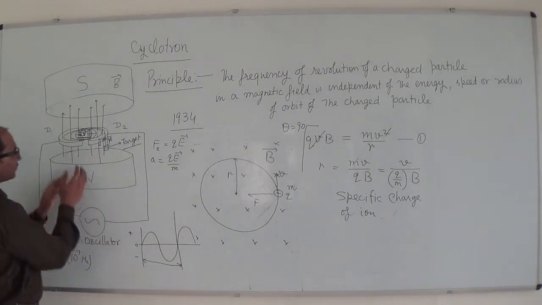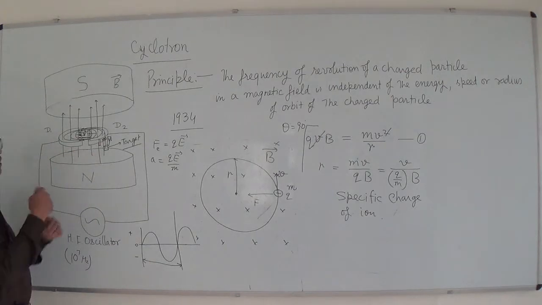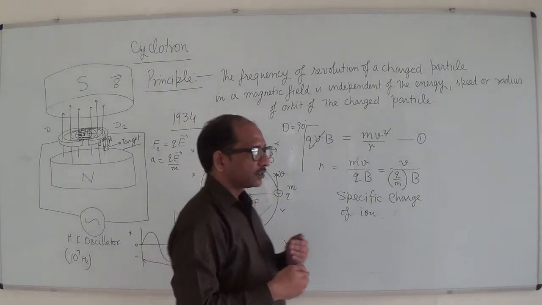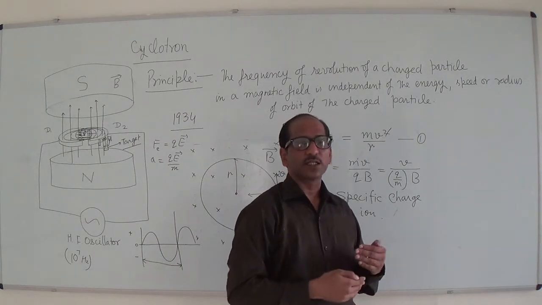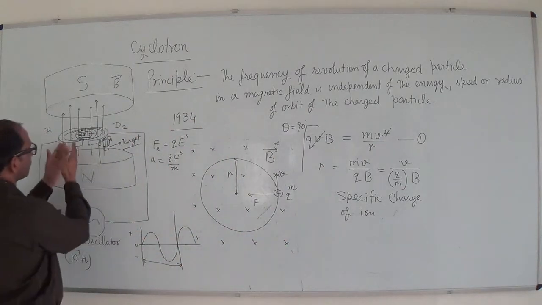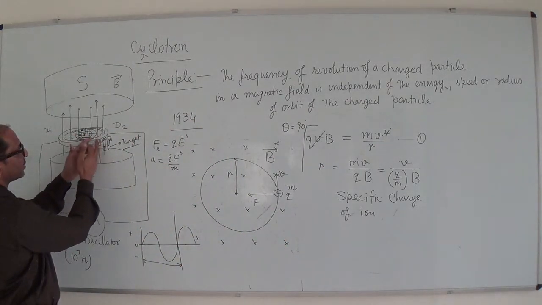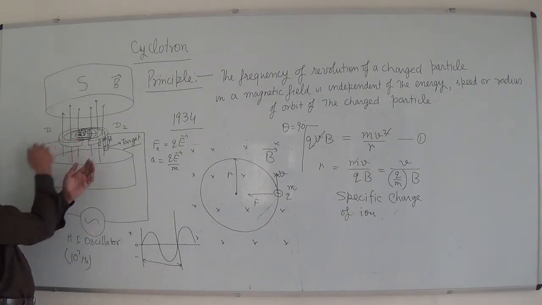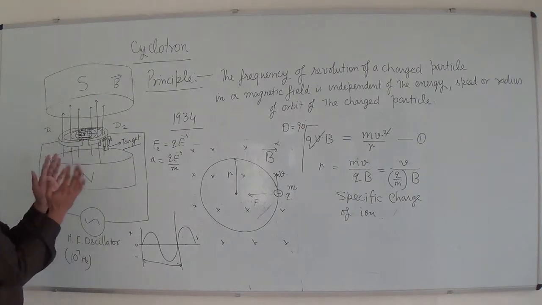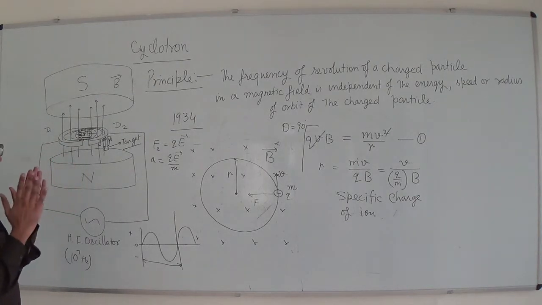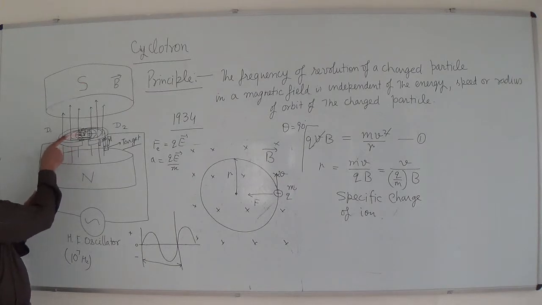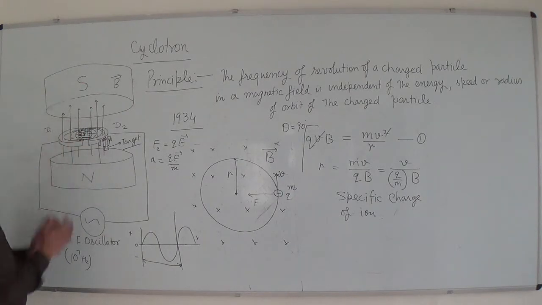And in terms of the polarity, when we use the word polarity, polarity means the positive or negative type of electrode. It becomes positive, it becomes negative in one circle, and in the next one it changes the polarity. So the electric field is developing, and the strength of the electric field is constant, but the ion gets accelerated within this space.